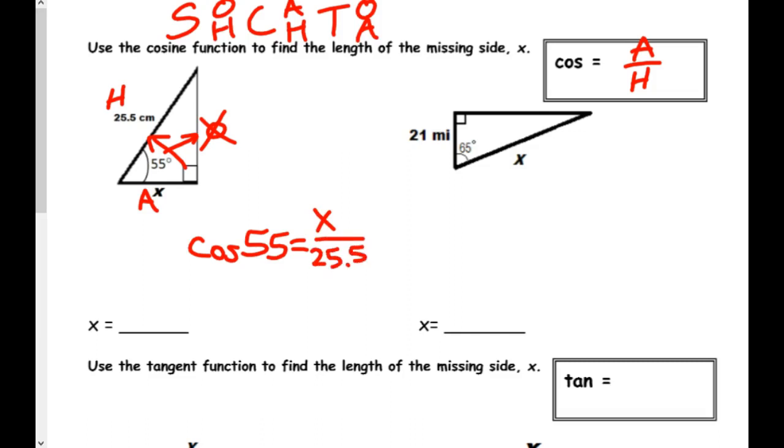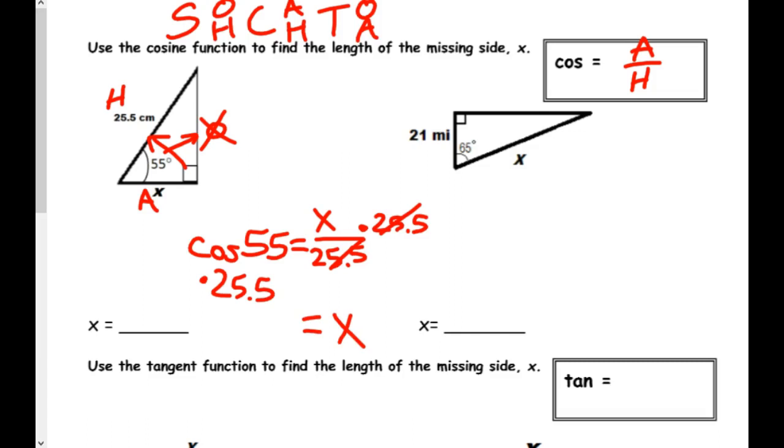Now, X is on top. If I want to get rid of a divided by 25.5, what's my rule? What's the opposite of dividing? Multiplying by 25.5 on both sides. So times 25.5 to cancel that out, times 25.5 on this side. That leaves me with X on the right.